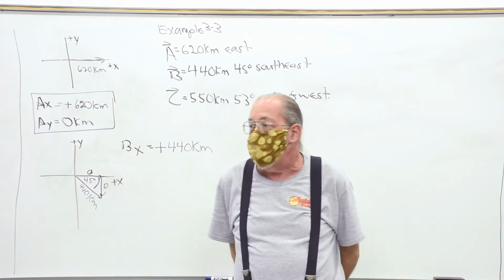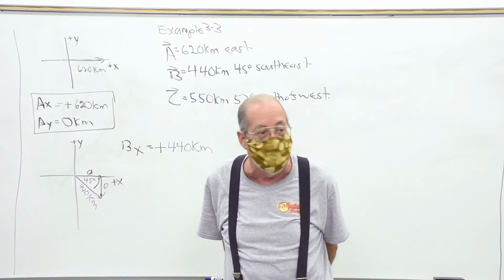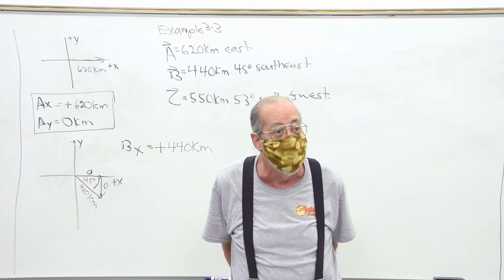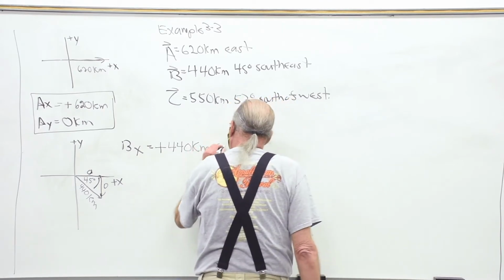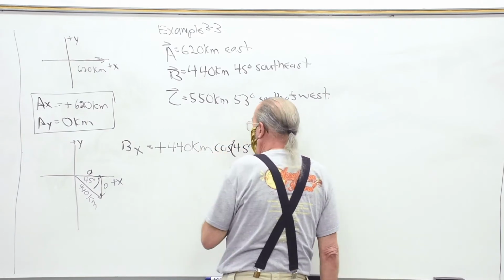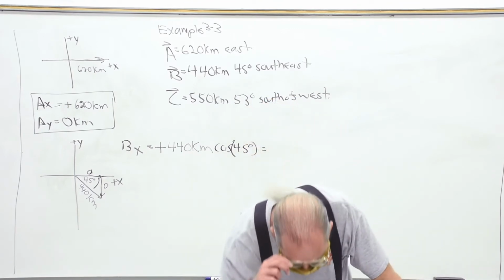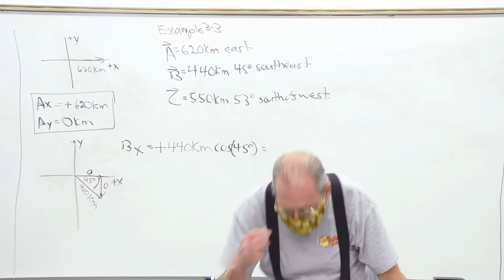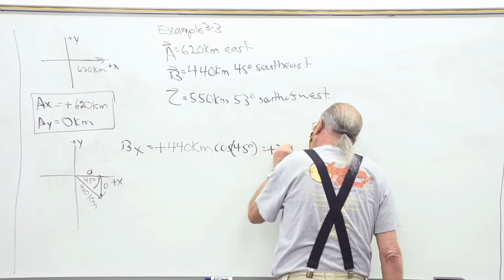If you go to SOHCAHTOA, adjacent always goes with which trig function? Sine or cosine? Cosine, good man. Cosine of 45 degrees. If you multiply that out, you get plus 311 kilometers.